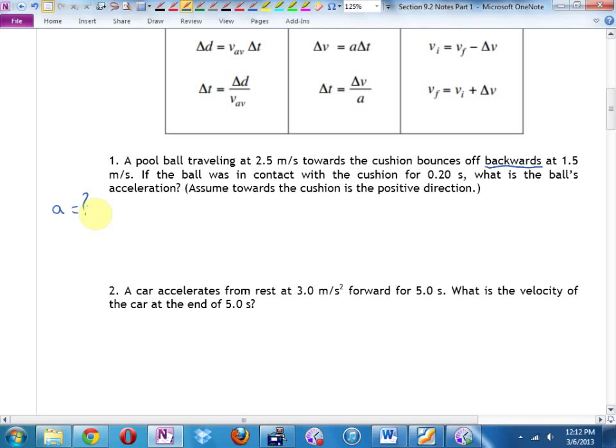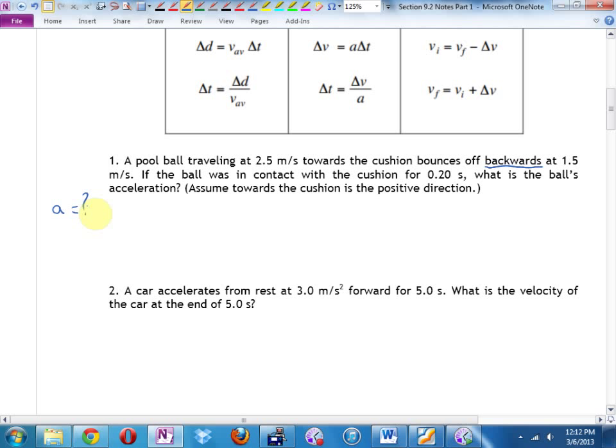Then I start reading the question again, and I list everything they told me. I'm looking for numbers and physics words. I'll talk about those in a second. But the first number that I run into is a 2.5. What are the units next to the 2.5? Okay, Curtis, what do I measure in meters per second? You need to know your units. Do I measure time in meters per second?